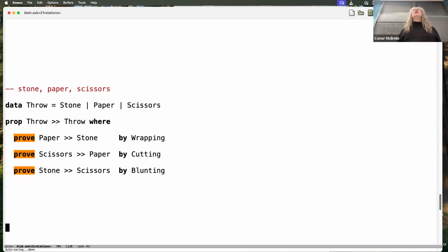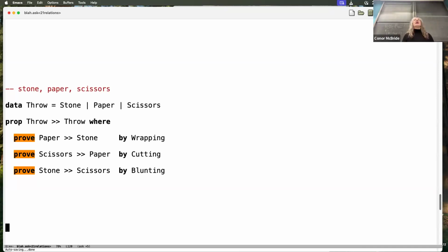So the thing is that Agda lets you invent new kinds of proposition. So here, I've got a very simple data type called Throw, which has just got 3 values in it: Stone, Paper, and Scissors, which are the 3 things you can throw your hand into in the classic randomness game. And then we invent a new proposition.